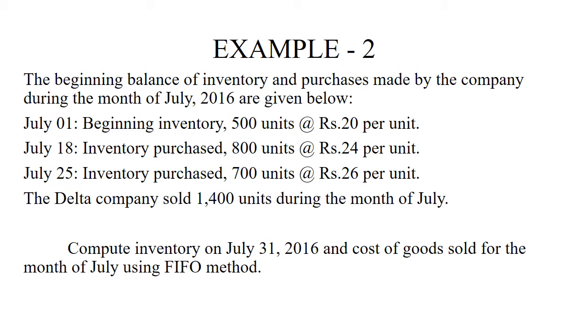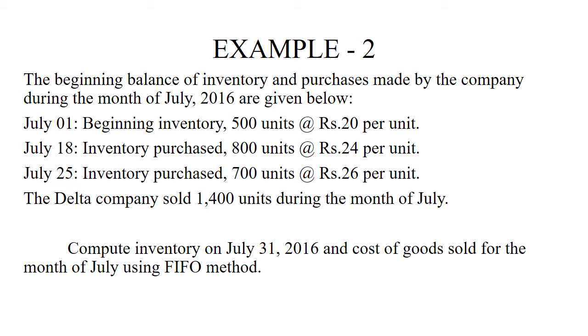July 25th, inventory purchased is 700 units at rupees 26 per unit. The Delta company sold 1400 units during the month of July. Compute the inventory on July 31st, 2016 and the cost of goods sold for the month of July using the FIFO method.